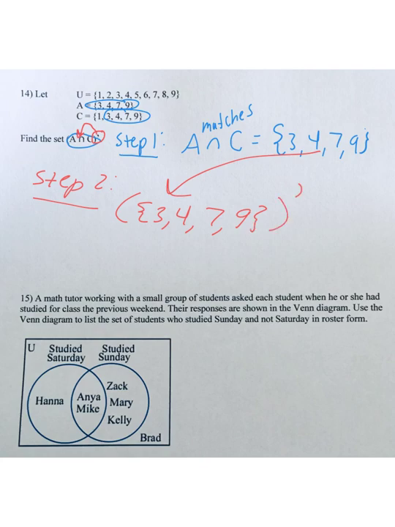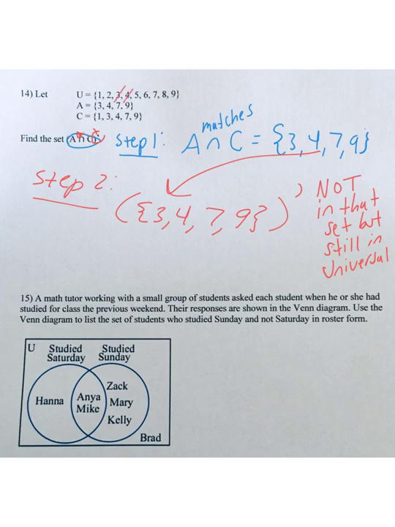The complement means what's the opposite of that set, or what's not in that set, but still in the universal set. I'll just put but still in universal. So if I get rid of these elements with the universal set, we have a 3, 4, 7, and 9. What's left in the universal set is my answer.